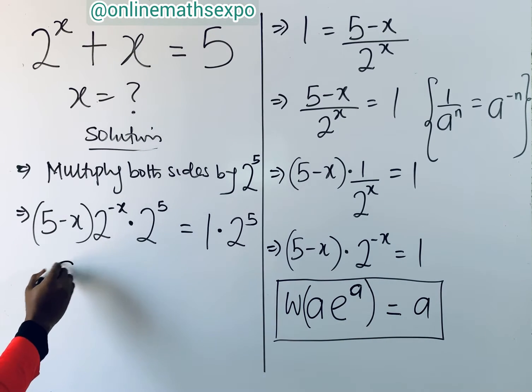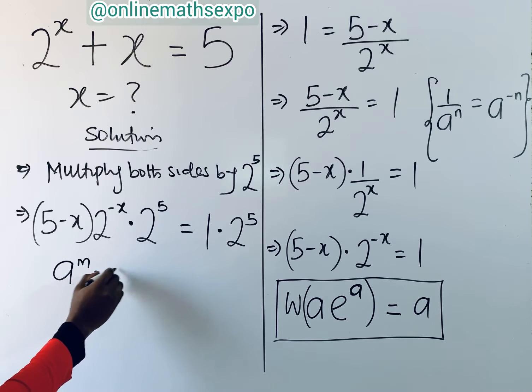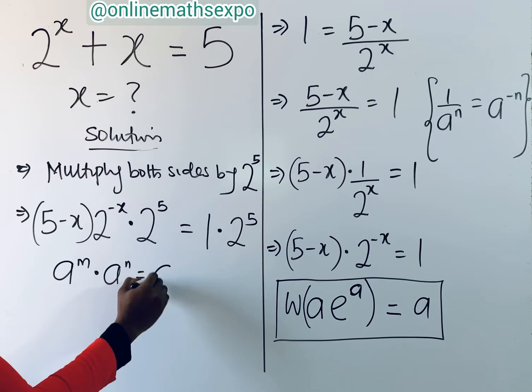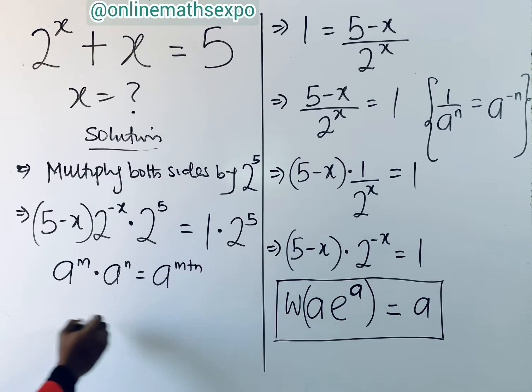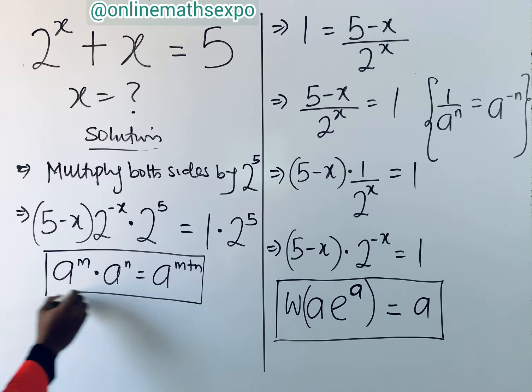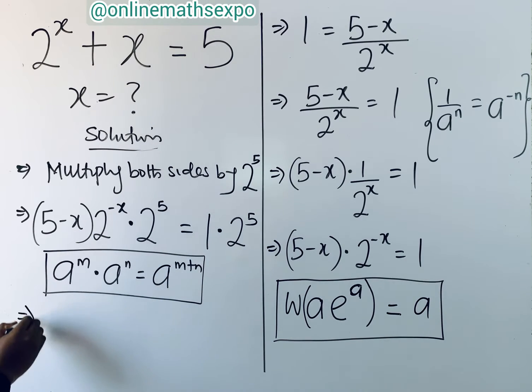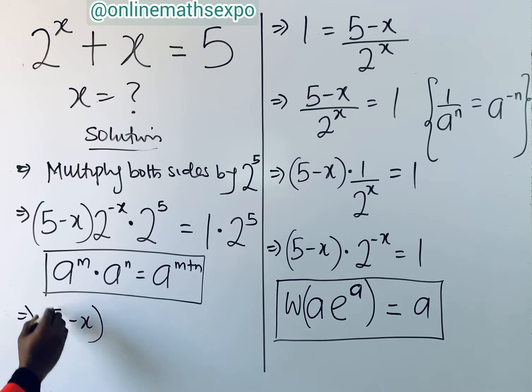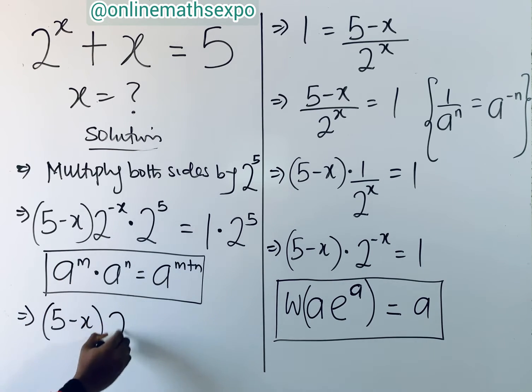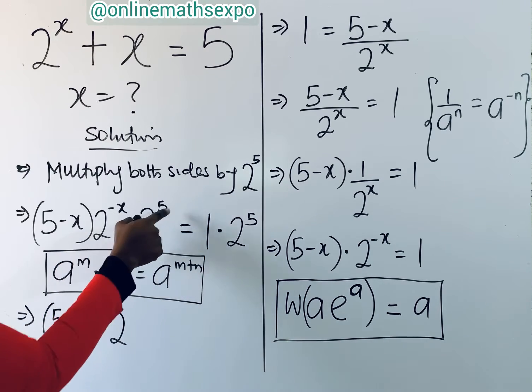So what do we do next? Just remember that for every a to the power of m multiplied by a to the power of n is equal to a to the power of m plus n. So we're going to apply this rule here. To simplify, we have 5 minus x into 2, the bases are the same, add the power.